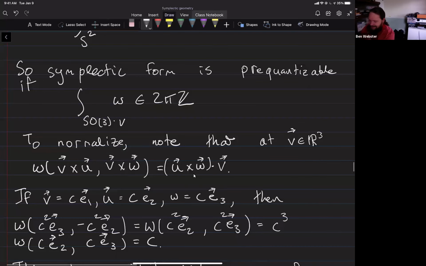Remember you can think of SO3 as R3 with a cross product as your Lie bracket.